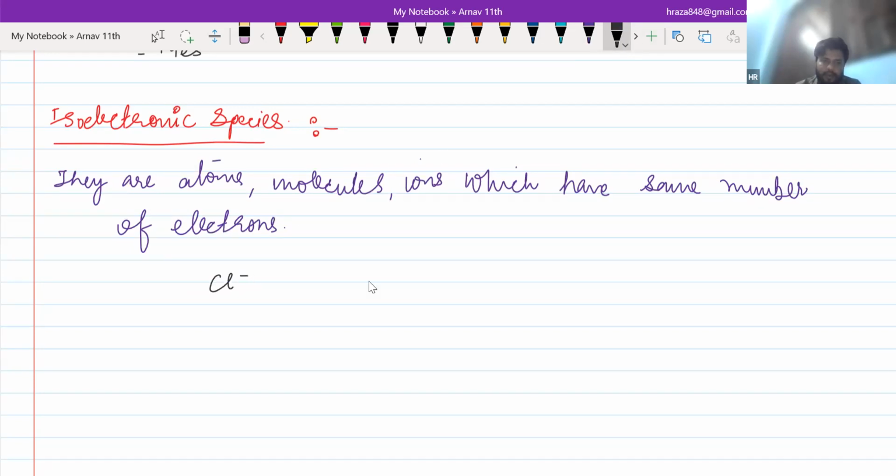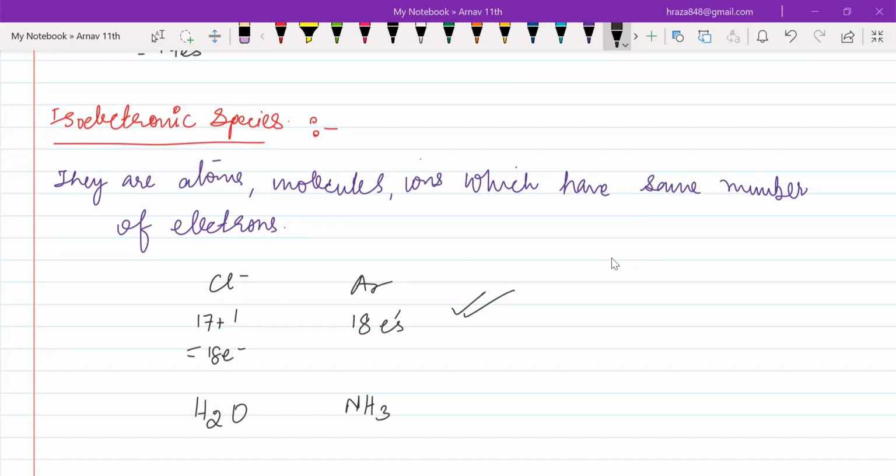If you see Cl minus and argon: Cl has atomic number 17, so 17 electrons, and there is a negative charge, that means it gains an electron. That's why it is 18 electrons. Argon has atomic number 18, so 18 electrons, and there is no charge, so they are isoelectronic species. Can you check whether H2O and NH3 are isoelectronic or not? One more, BF3 and SO2, are they isoelectronic or not?